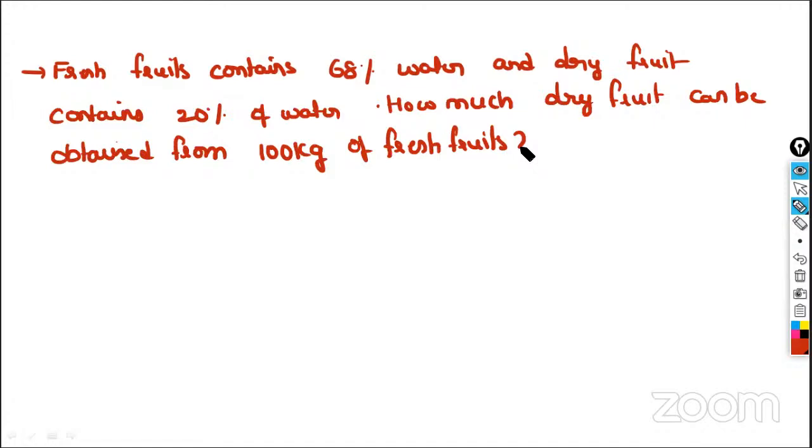So we already know fresh fruits and dry fruits. Initially the water content is 68% and the dry fruit contains 20%. How much dry fruit can be obtained from 100 kg of fresh fruits? Very simple now. Try it once.